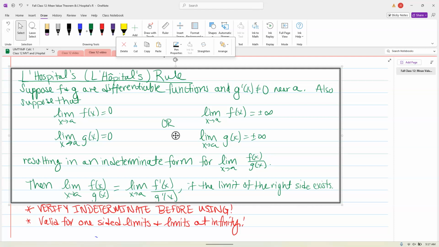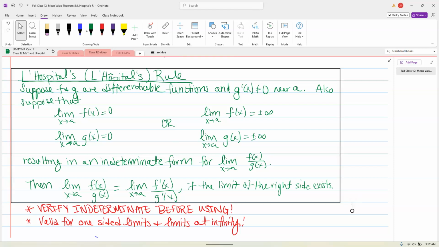Okay. And the only thing that I'll say with this rule, and I'm going to hammer this in because it is very commonly forgotten: before you use L'Hopital's rule, you need to verify that you have an indeterminate form. Okay, you can't use this willy-nilly, right? If we look at the theorem, it says suppose, so these are hypotheses. You have to check that these things are differentiable.